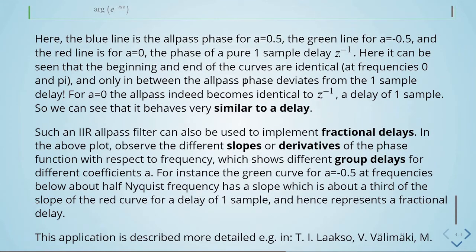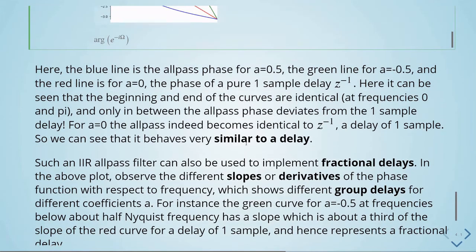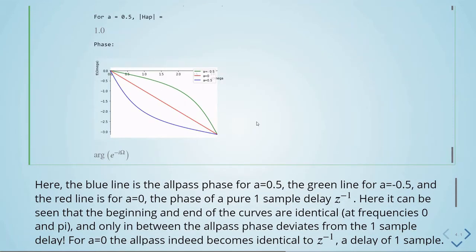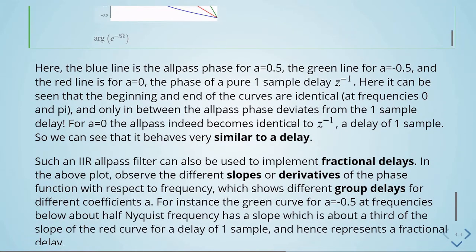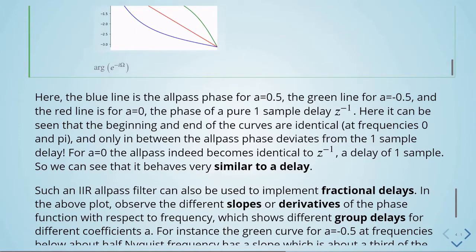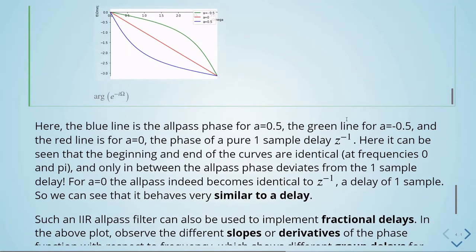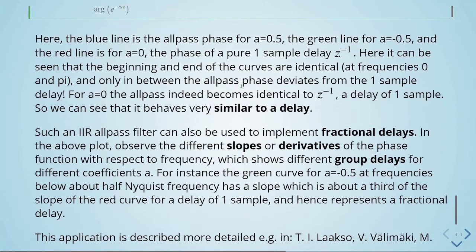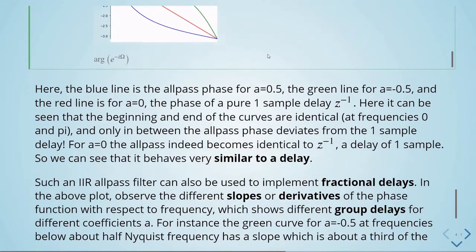And such an IIR all-pass can also be used to implement fractional delays. So in the above plot, we observe different slopes, or different derivatives of the phase function with respect to frequency, which shows different group delay for different values of a.